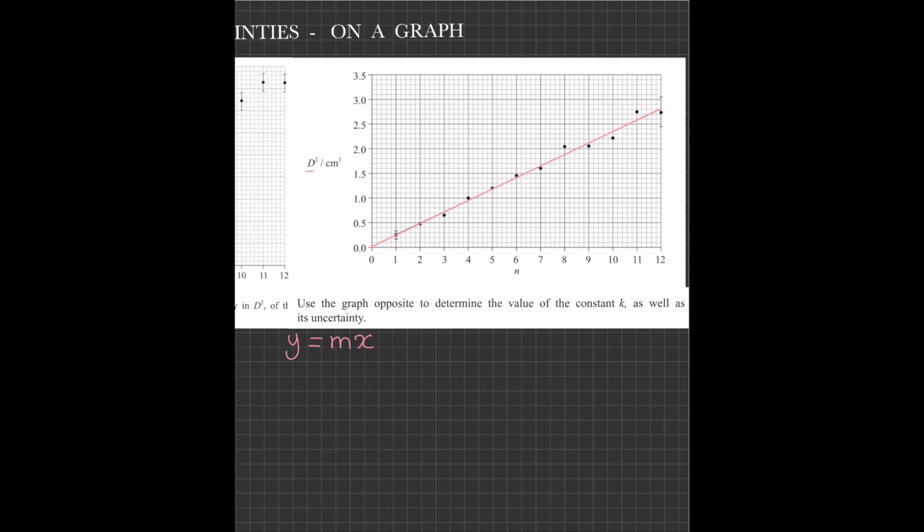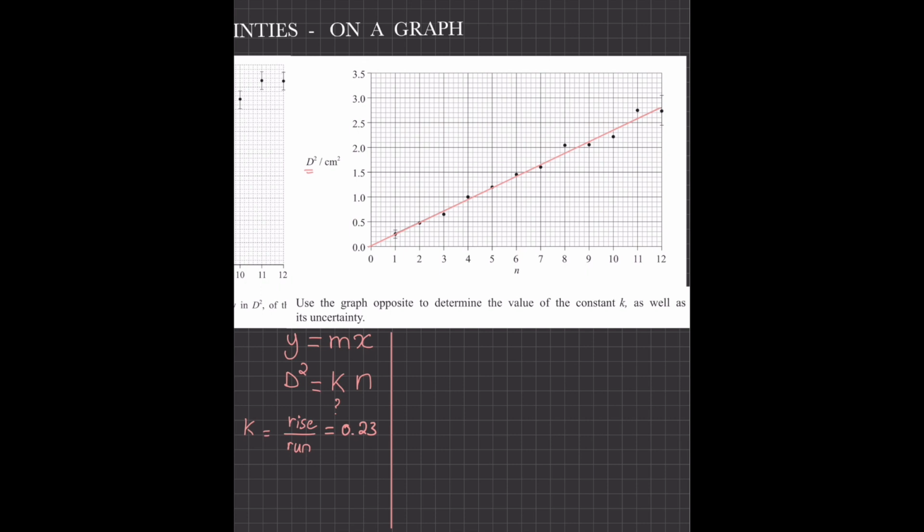Your y is D2, so D2 equals m, the gradient. I'm just gonna keep it as m, or they called it k in the question, so let me call it k as well. And x is equal to n. Now we need to find what k is.